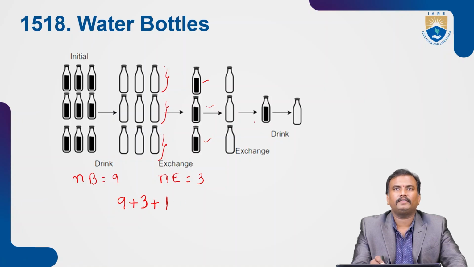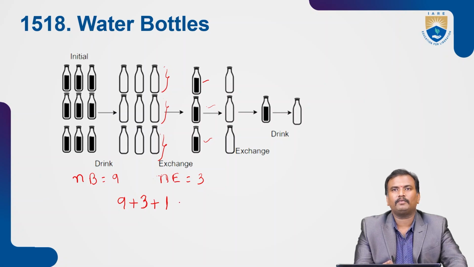Okay, so after this only 1 empty bottle is there. With 1 bottle we cannot exchange. We need the minimum number of exchange empty bottles, which is 3. So we require 3 bottles, and here we are having only 1 bottle, so we cannot go for exchange.